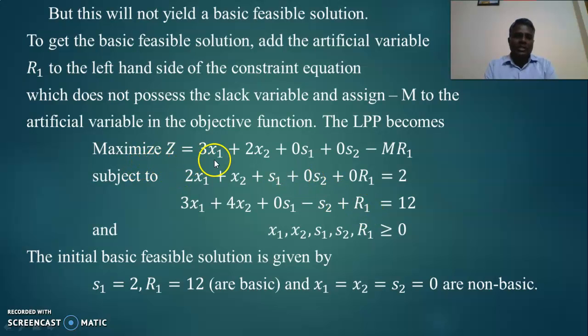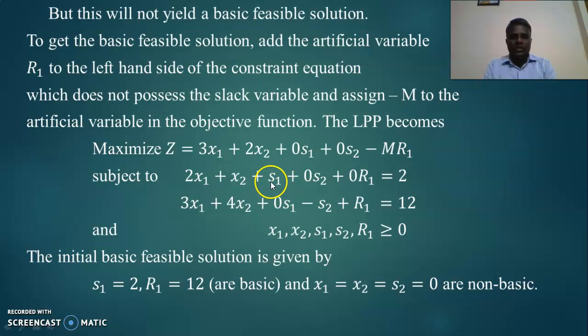So maximize Z equal to 3x1 plus 2x2 plus 0S1 plus 0S2 minus M R1. This is the penalty: minus M for maximization problems and plus M for minimization problems appears in the objective function for the artificial variables.